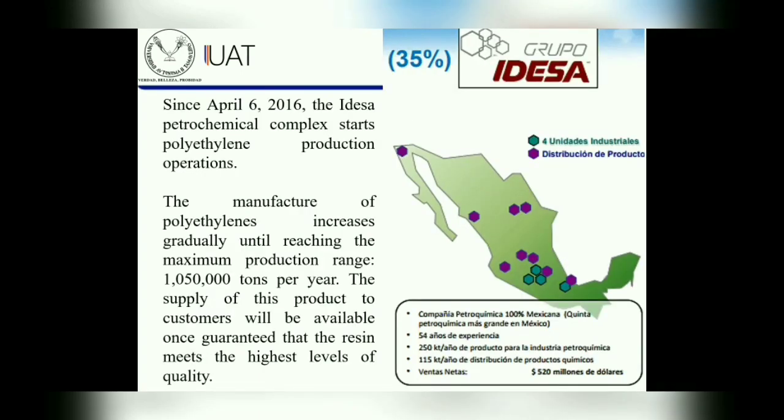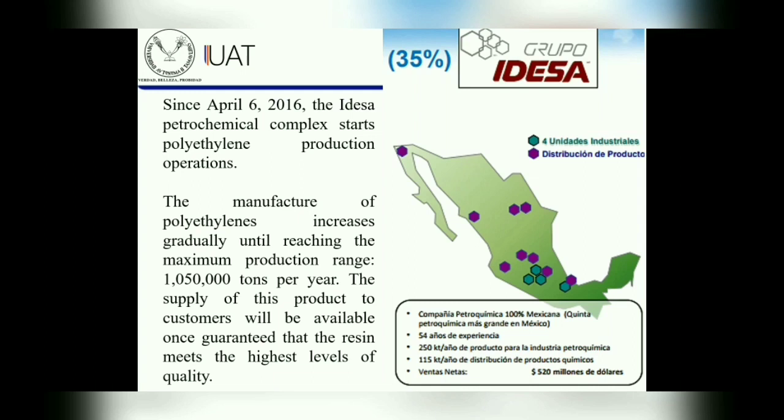Since April 6, 2016, the IDESA Petrochemical Complex started polyethylene production operations. The manufacture of polyethylene increases gradually until reaching the maximum production range, 1,050,000 tons per year. The supply of this product to customers will be available once it is guaranteed the resin meets the highest level of quality.